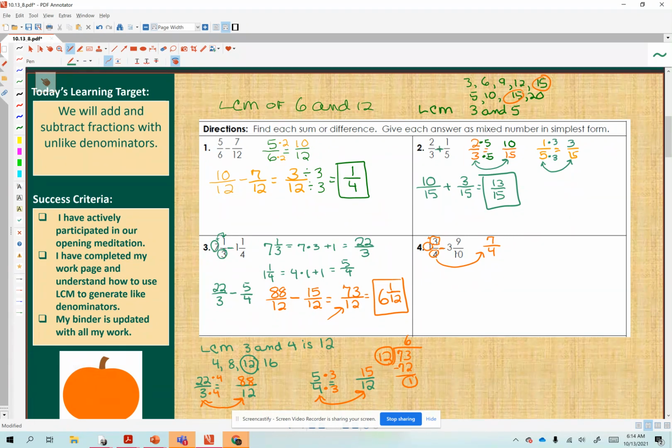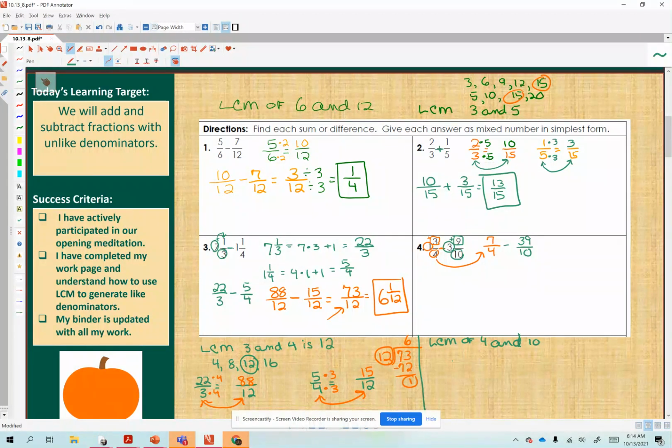Now 3 9/10, I'll multiply 10 times 3 is 30, plus 9 is 39. So that would be 39/10. Now I need a least common multiple of 4 and 10 so that I can subtract these fractions.